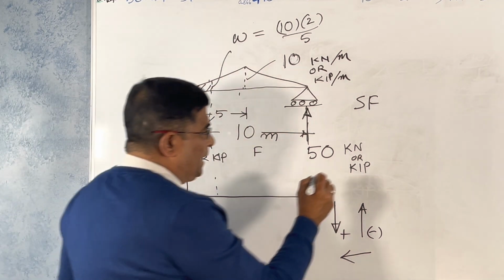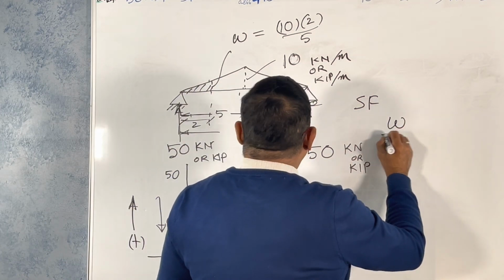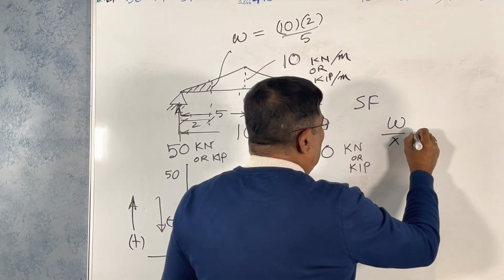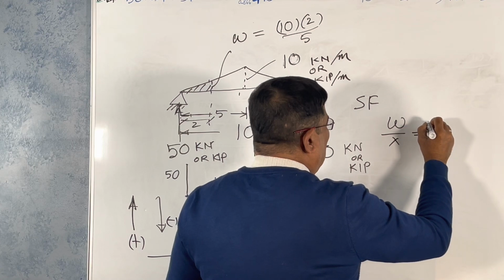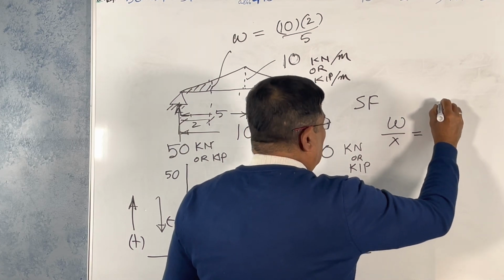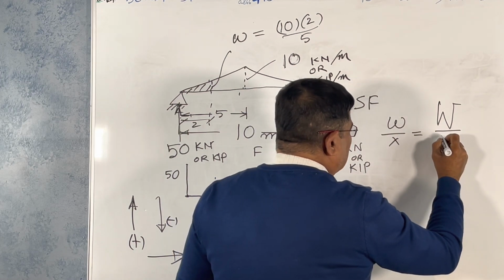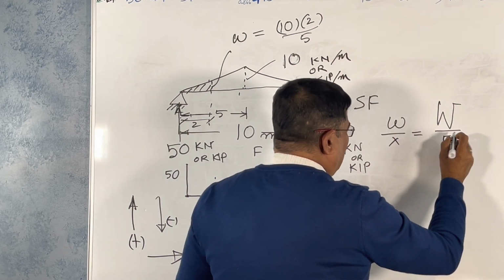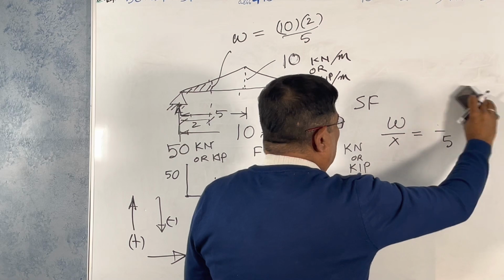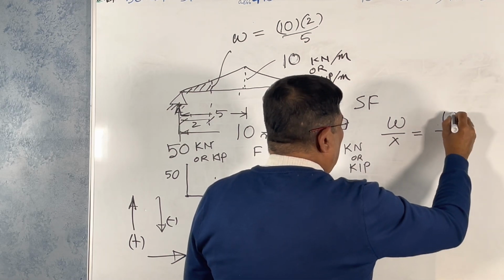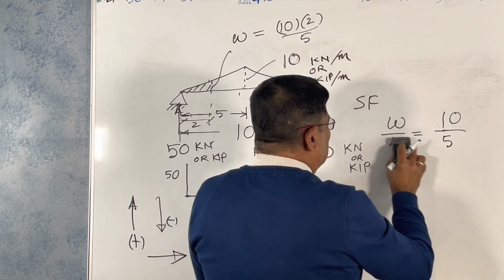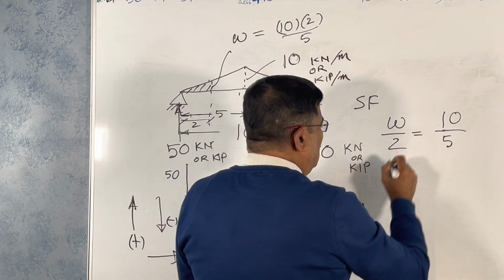So I am calculating W divided by X equal to capital W, with the maximum at the middle, 5. This is actually your 10, this is actually your 2.